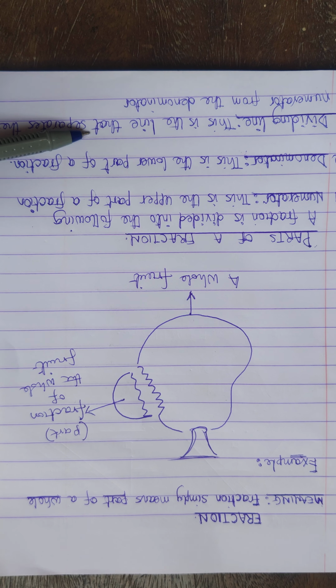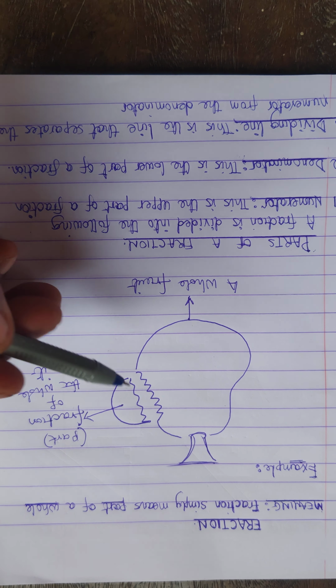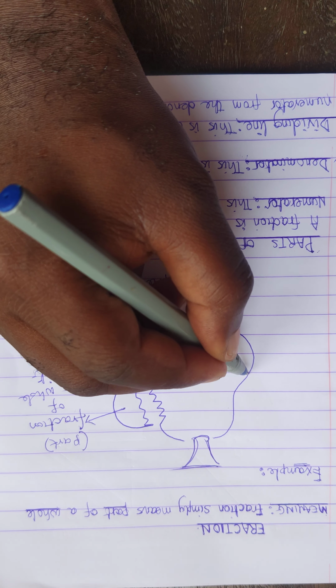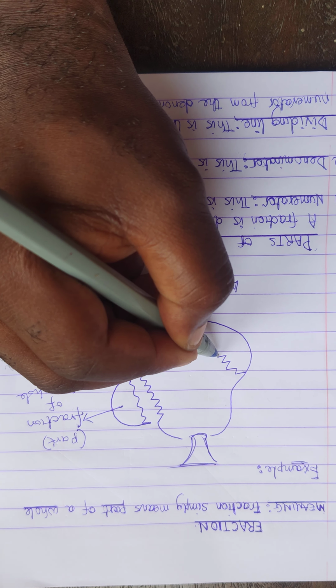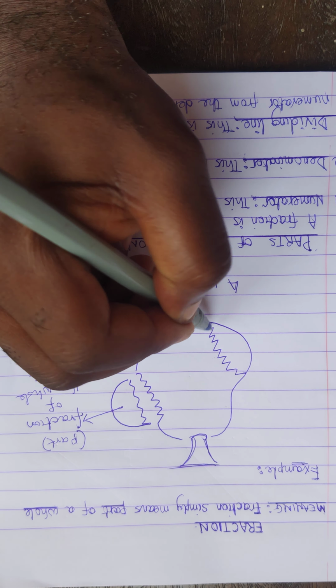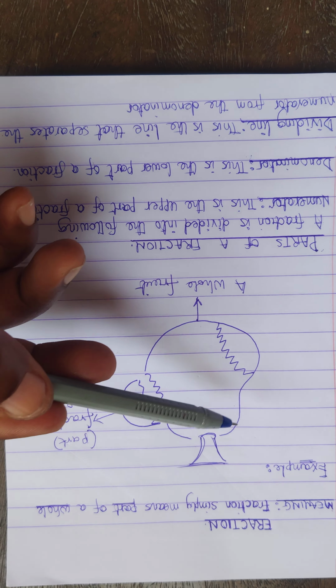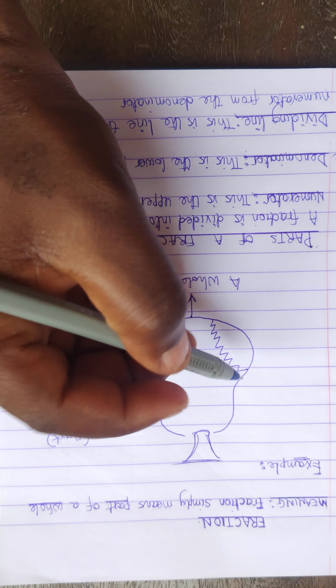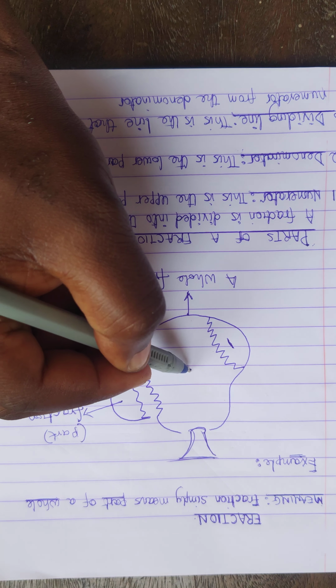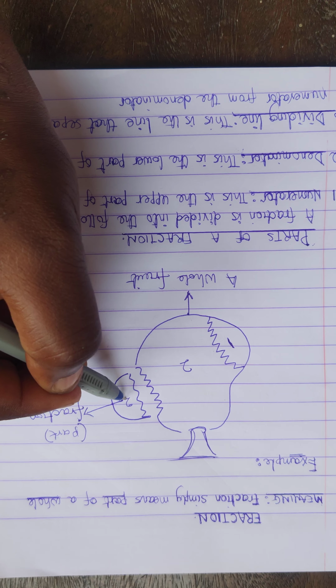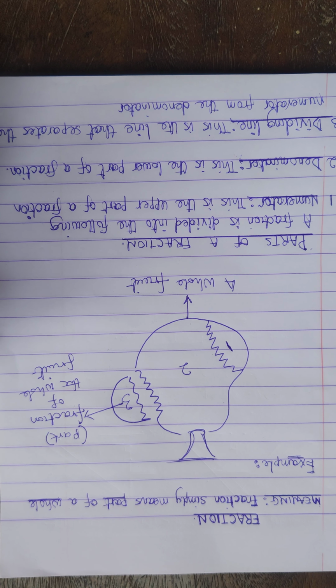Then you have the dividing line. So let's say I take this part out of this fruit. Okay? So you will find out that a whole fruit has been divided into 1, 2, and what? 3. Okay?